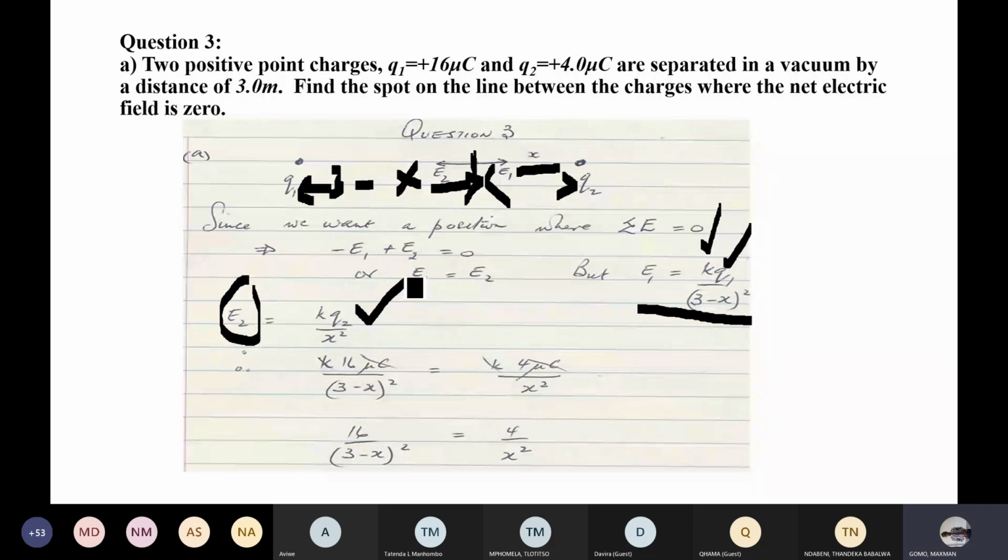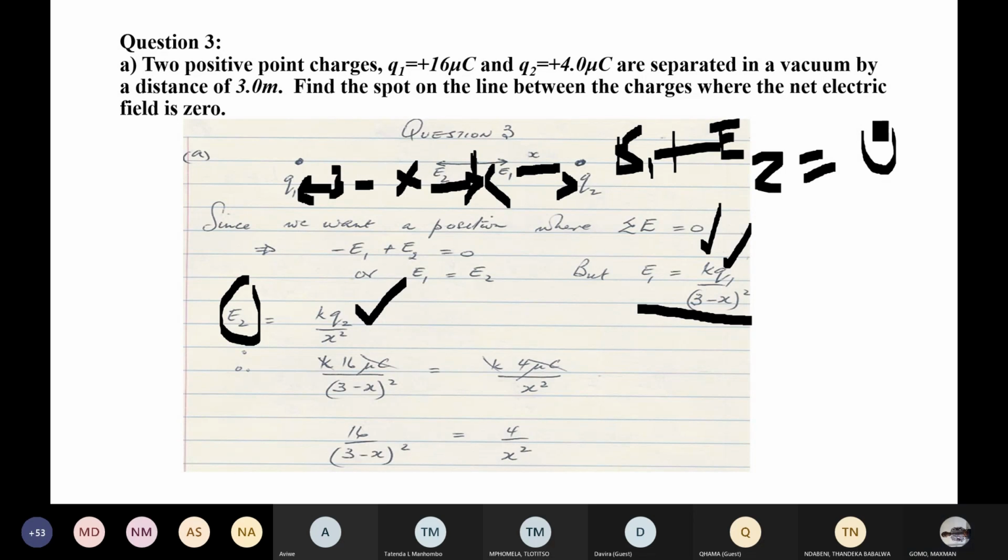After doing that, since we said we need a point where E1 plus E2 is equal to 0, this is what we need.